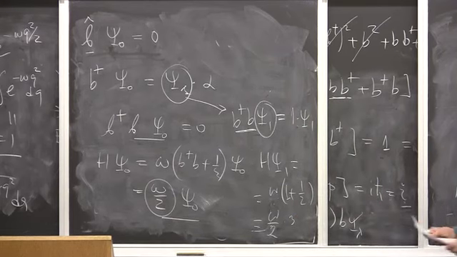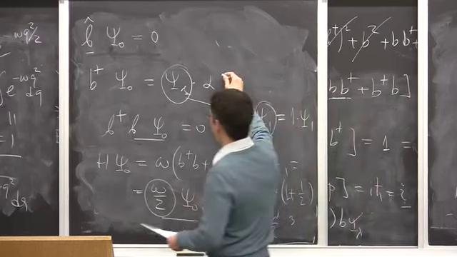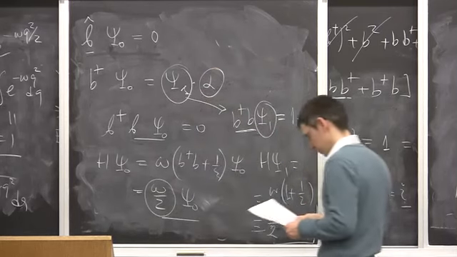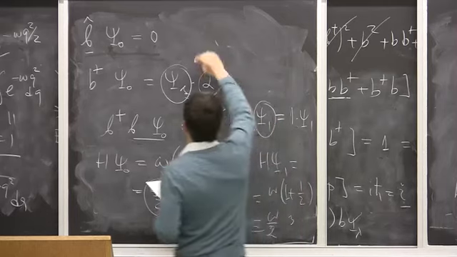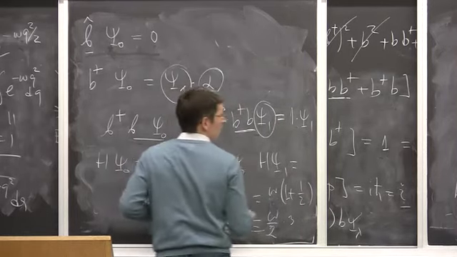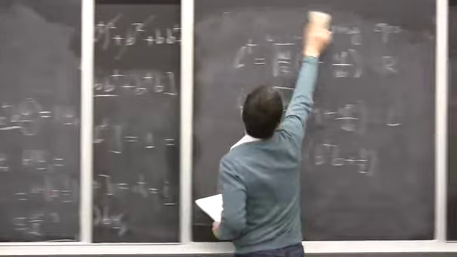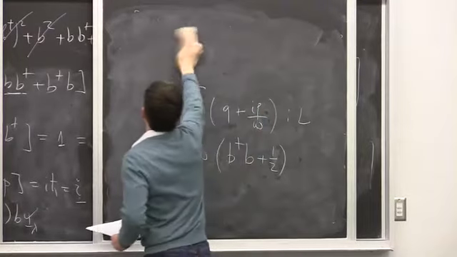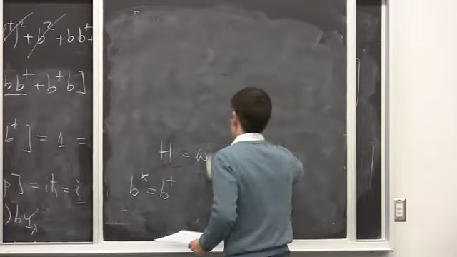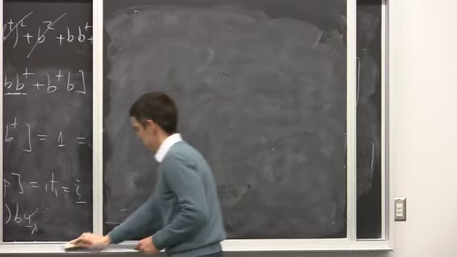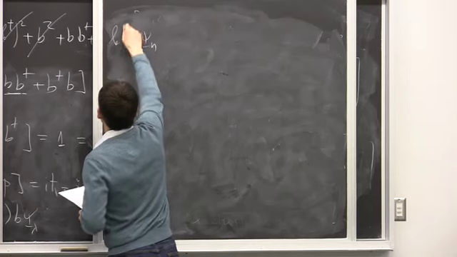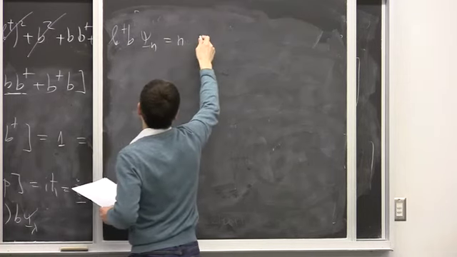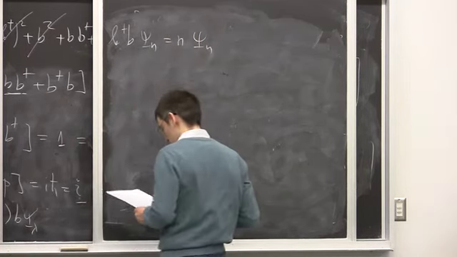Okay? Now, returning to the definition of this constant, we can say that whatever function psi n we have, that means b dagger b psi n equals n psi n, right?